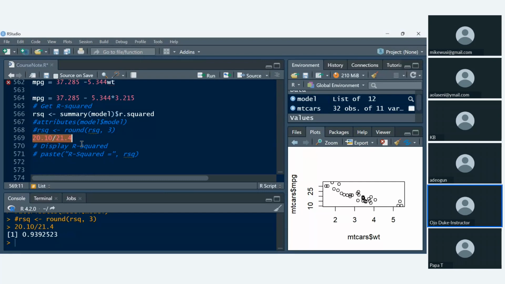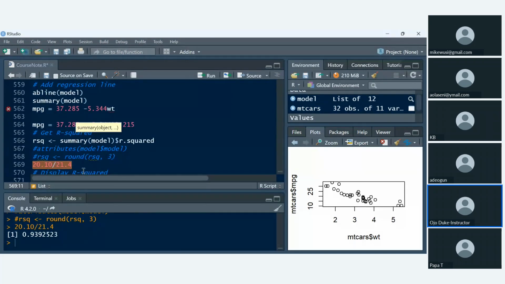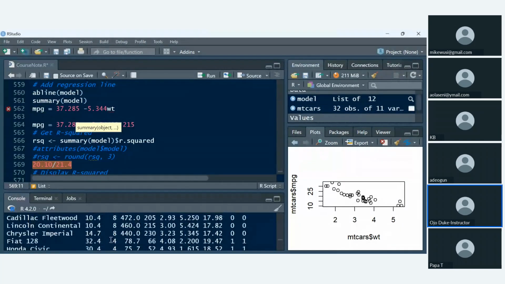We want to get a best fit line that helps us to predict the value of a dependent variable to its nearest value. So the real actual world value is 21.4, but we're able to predict using our model 20.1.